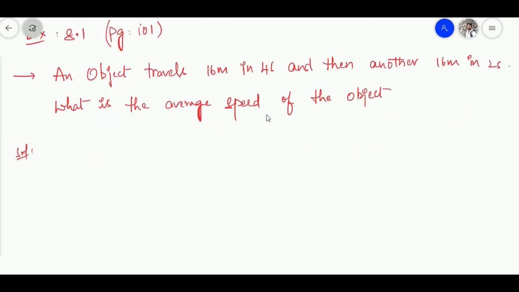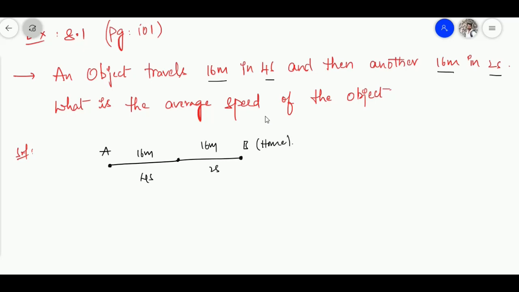Read the question first. An object travels 16 meters in 4 seconds and then another 16 meters in 2 seconds. So an object started here, traveled 16 meters in 4 seconds and another 16 meters in 2 seconds, and reached its destination, A to B. Okay, so this is your home.